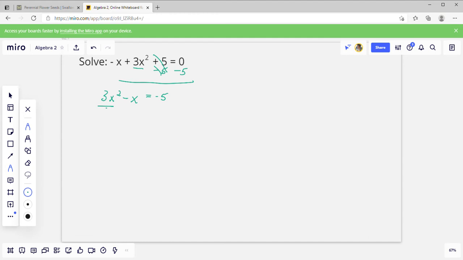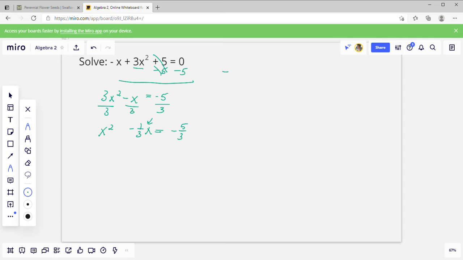All right, now I'm going to divide every term by 3. So I'm going to get x squared minus 1/3 x equals negative 5/3.